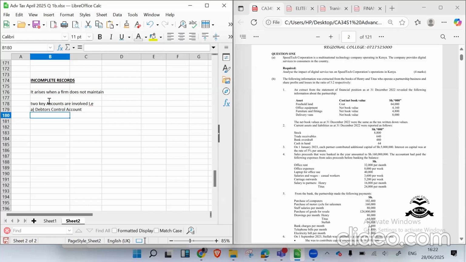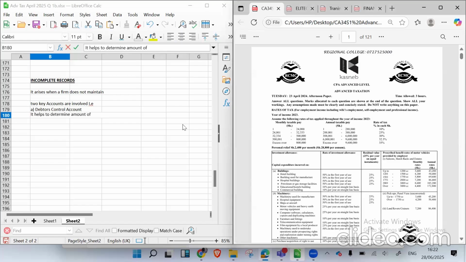It helps to determine the amount of credit sales. So how much were our sales on credit? The debtors control account helps determine that amount of credit sales.